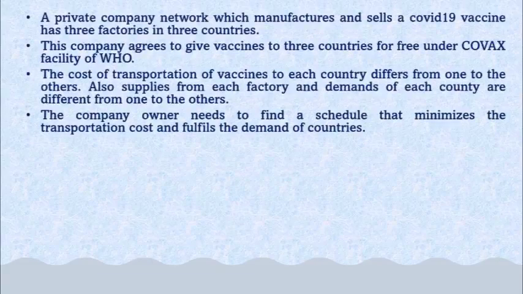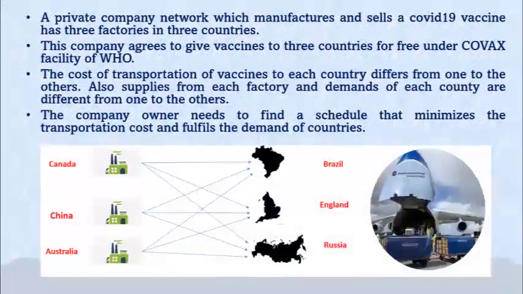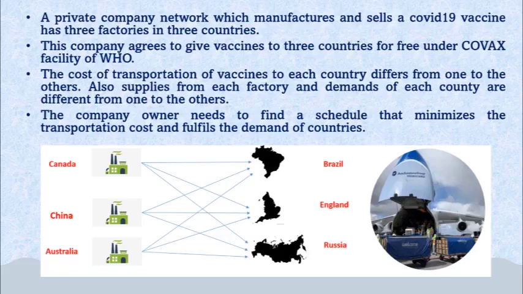Now consider the following example. Imagine that a network of companies located in Canada, China, and Australia wish to transport COVID-19 vaccine to Brazil, England and Russia. The company needs to find the minimal transportation cost according to the supply and the demand. Note that the cost of transportation of vaccine differs from one to the other.